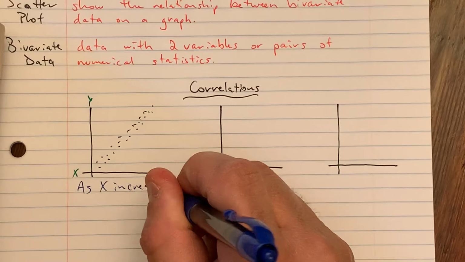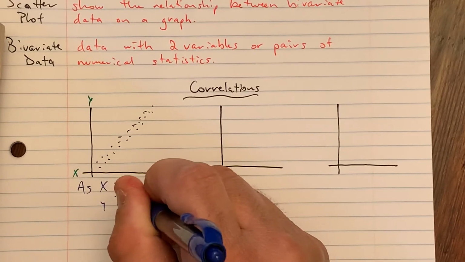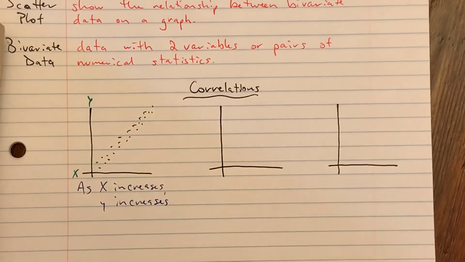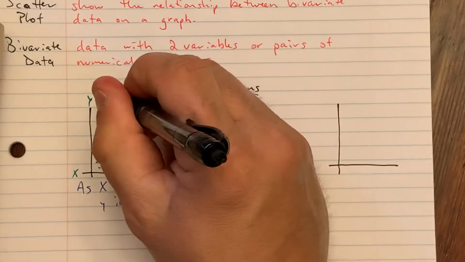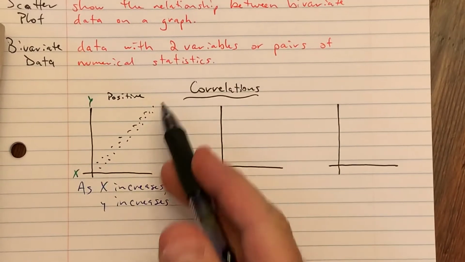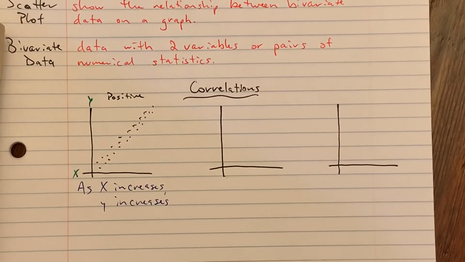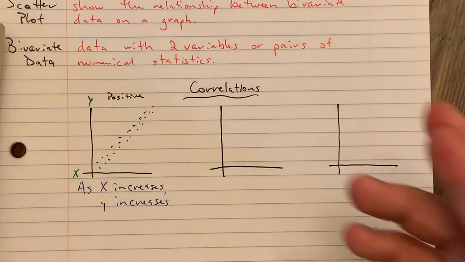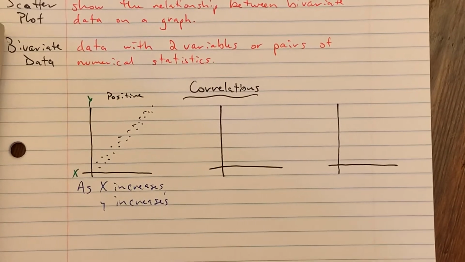Well, the y increases as well. Since that's occurring, this is what we would call a positive correlation. It's going up and to the right, just like we have talked about since November of lines, so very similar to the idea of slope here.